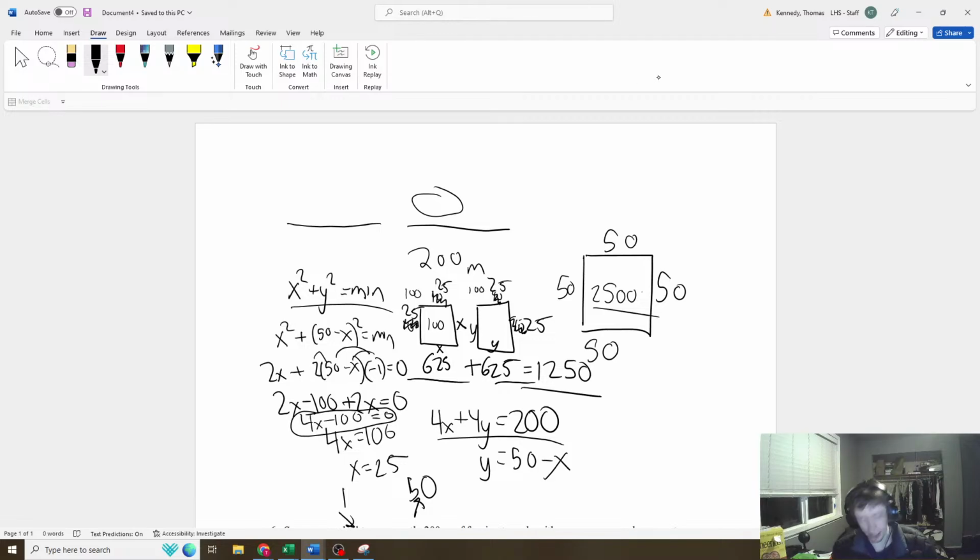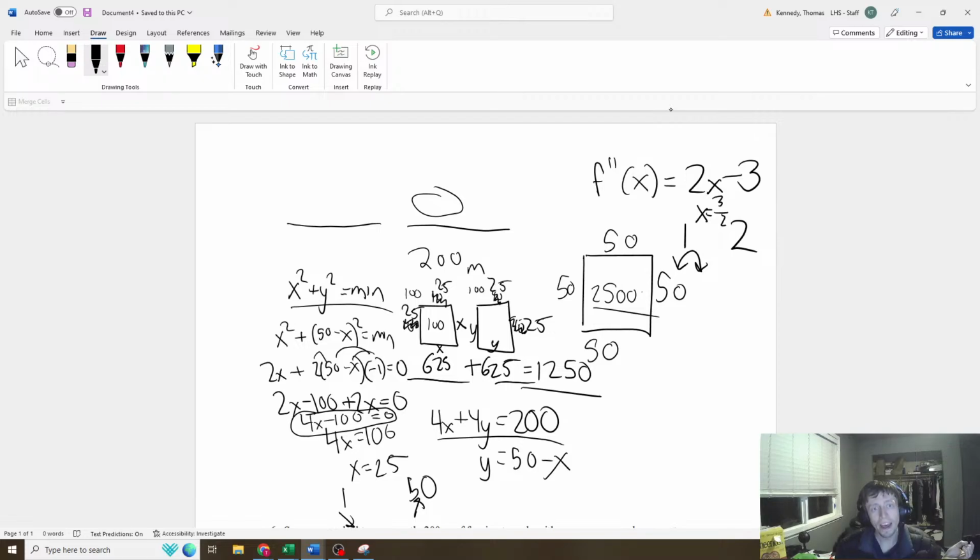Literally, all you need to know for concave up and concave down is take two derivatives, find the second derivative, and then, given what it is, x equals 3/2 is what makes this 0, and then test on either side. 1 and 2 could be what I test, and 1 plugged in would give me a negative, that's concave down, before my inflection point here, and 2 plugged in gives me 1, which is positive, which is concave up after that point. So it's really just like increasing and decreasing in the first derivative. Concave up and concave down is that exact same set of steps in the second derivative.